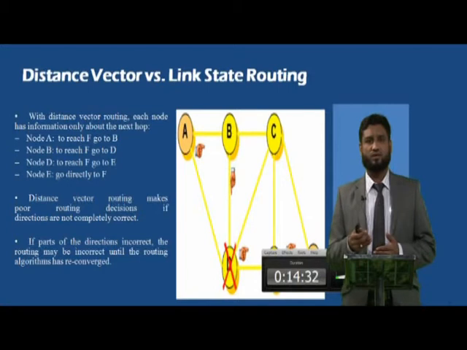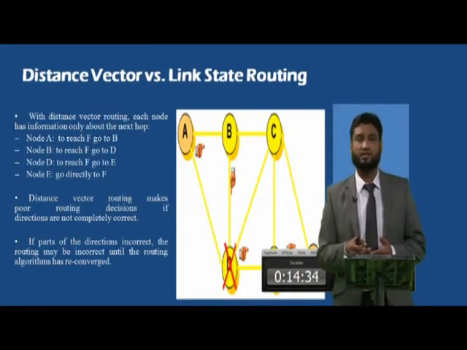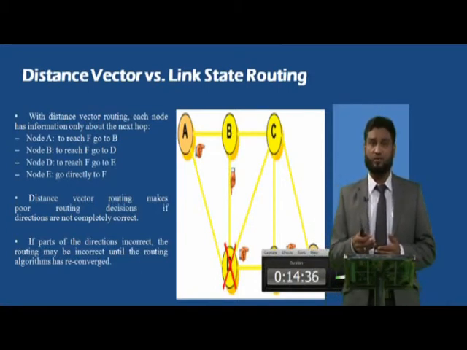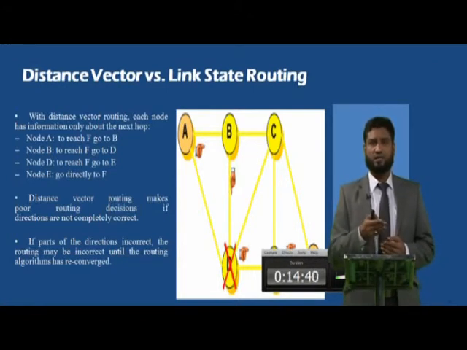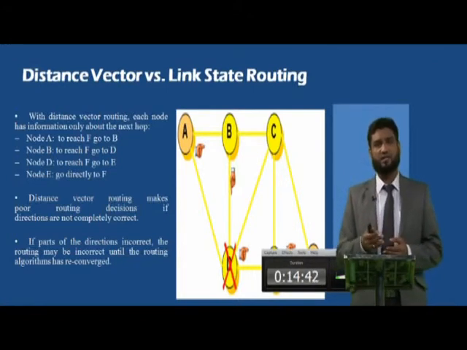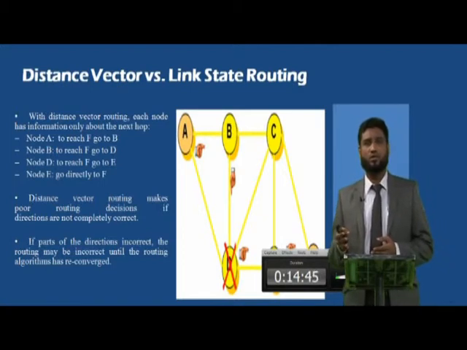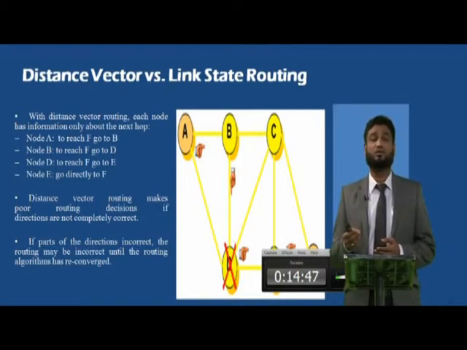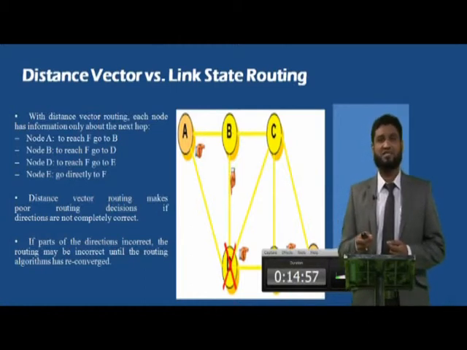How many hops can be calculated to reach the destination network. This is distance. Vector means one router has multiple interfaces. Suppose there is an Ethernet interface, serial interface, other interfaces. So which interface is considered to forward the packet?